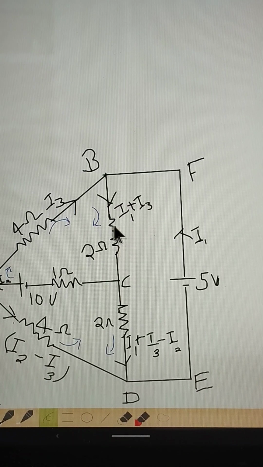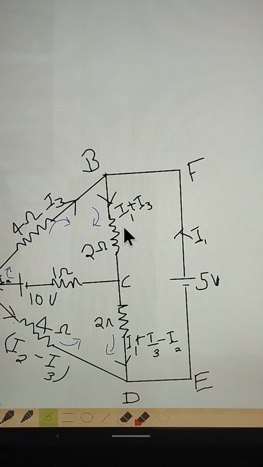Now let us consider the other loop, this rectangular loop, which may be named B, C, D, E, F, B. In that loop, the EMF of the cell is 5 volt, and the current is flowing in this way, I1 plus I3.